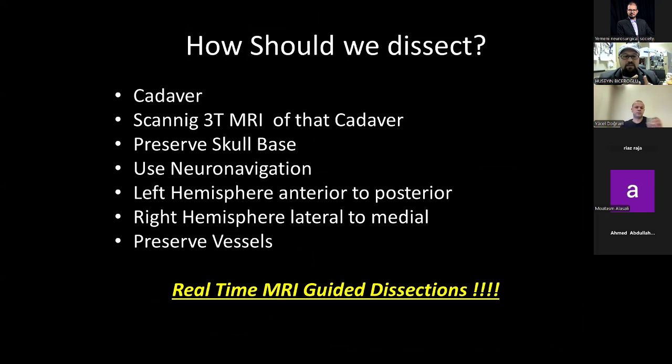So let's use cadavers, heads, not just brains, preserve the skull base, scan these cadavers with 3 Tesla MRI, use neuronavigation, and dissect one part, the left hemisphere, from anterior to posterior, and the right hemisphere from lateral to medial. So in order to understand the complex anatomy in front of the occipital cortex and occipital lobe, this will give us a 3-dimensional view.